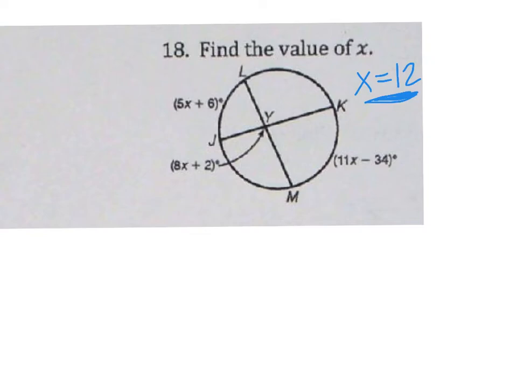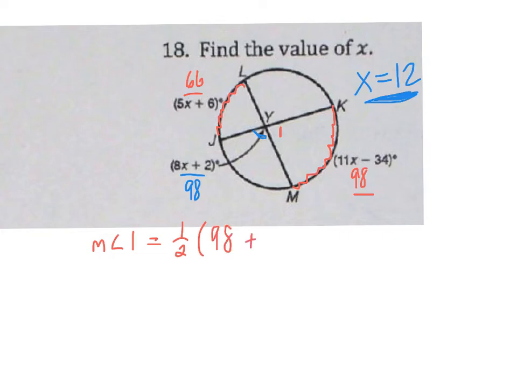So it looks like if x equals 12, then this arc JL is going to be 66. This arc down here, MK, is going to be 98. And then supposedly this angle in here, the 8x plus 2, is supposed to be 98. Well, as I said, what I'm going to do is I'm going to focus on these two arcs. So I know that angle 1, which I called it earlier, should be equal to half the sum of those two.